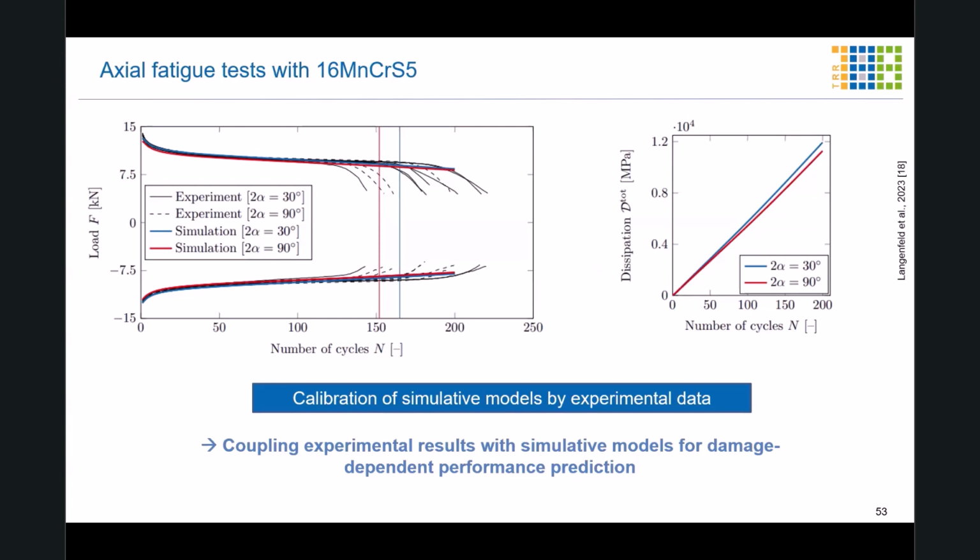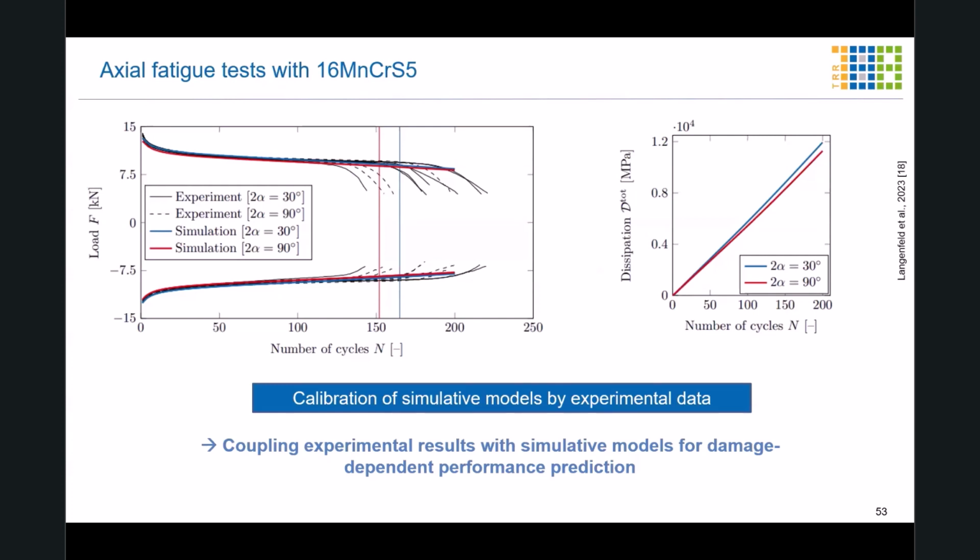The shoulder opening angle of 90 degrees has, in general, more forming-induced damage in comparison to the shoulder opening angle of 30 degrees. This can also be seen in the low cycle fatigue test, where the tests with a shoulder opening of 30 degrees have a higher lifetime, or higher number of cycles, in comparison to the shoulder opening of 90 degrees.